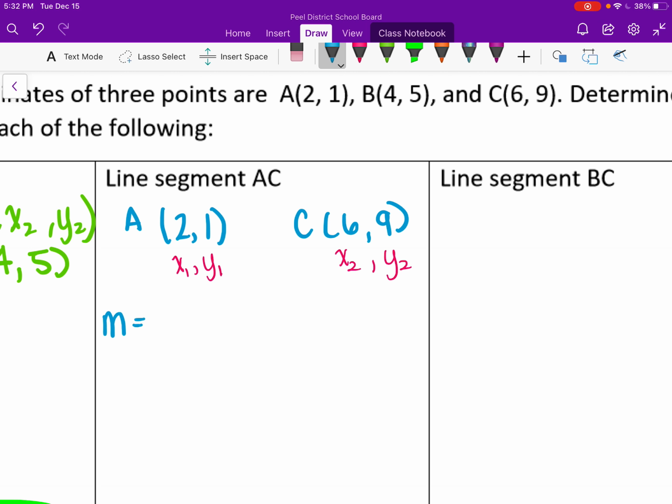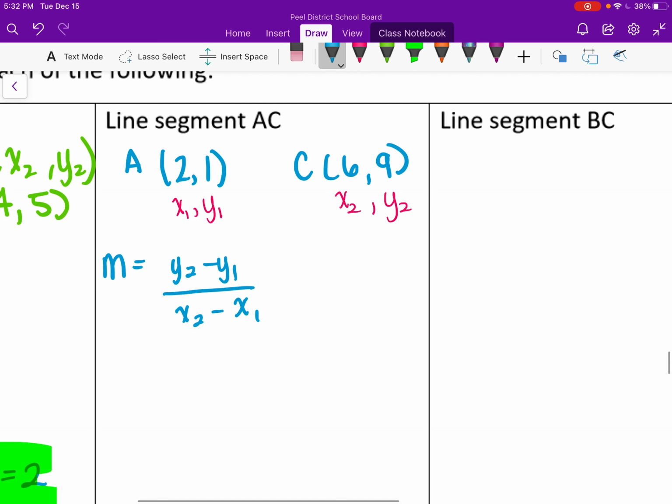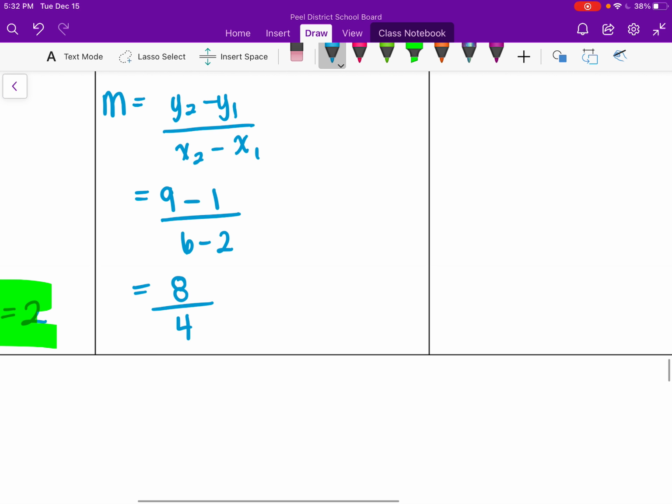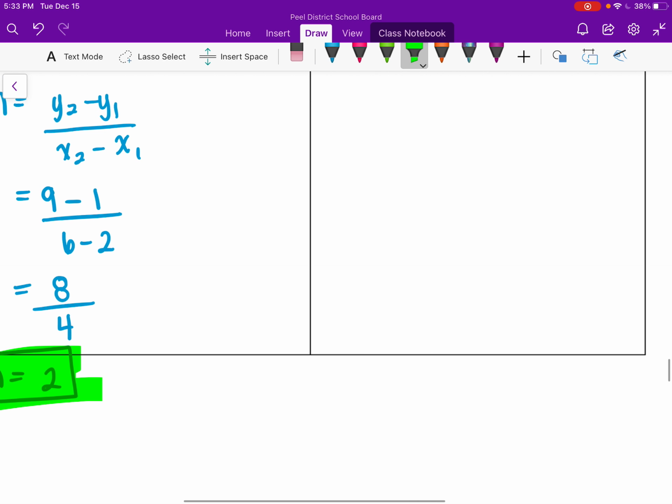M is equal to y2 minus y1 over x2 minus x1. So y2 is 9, minus 1. x2 is 6 minus 2. 9 minus 1 is just 8. 6 minus 2 is 4. 8 divided by 4 is 2. So my m is equal to 2. And again, I like to keep it neat, so I'm going to highlight that.